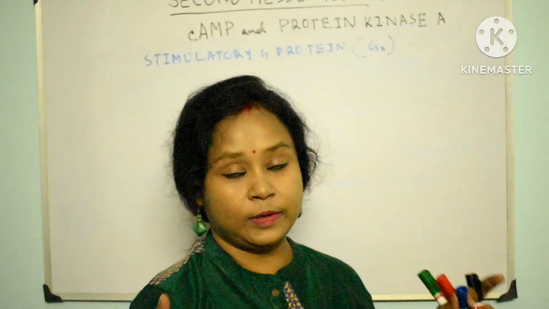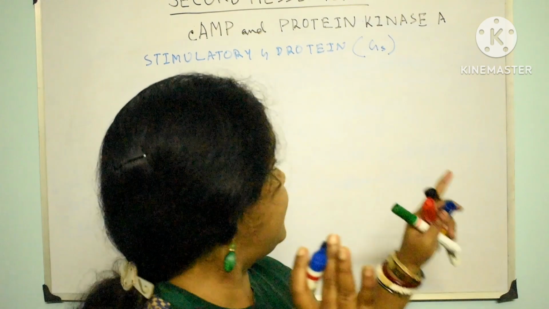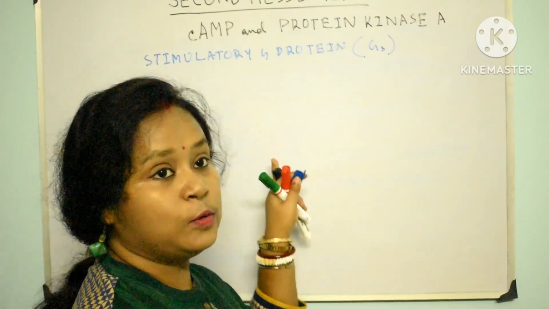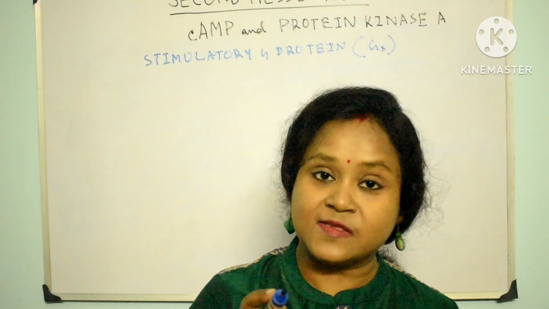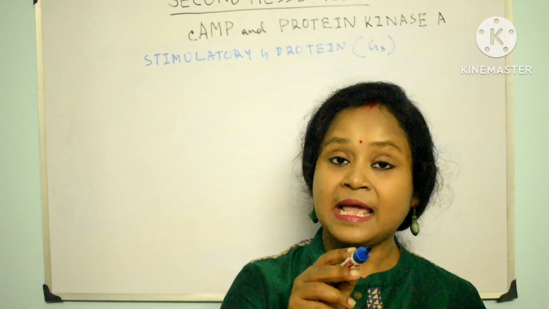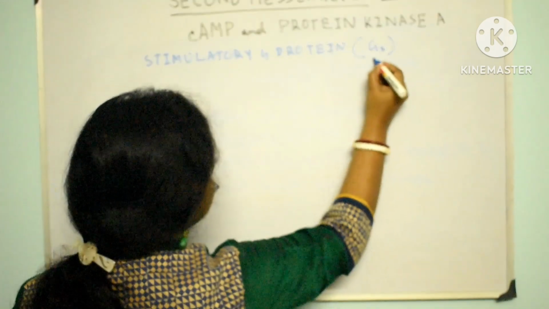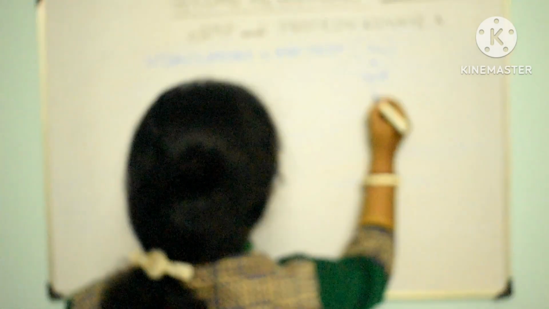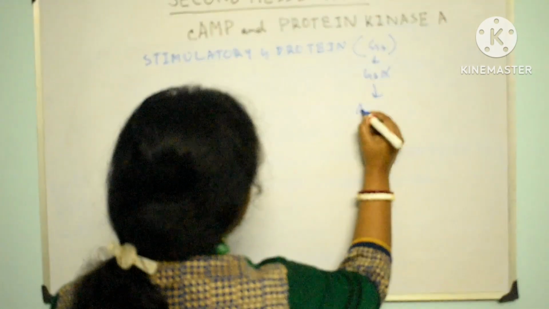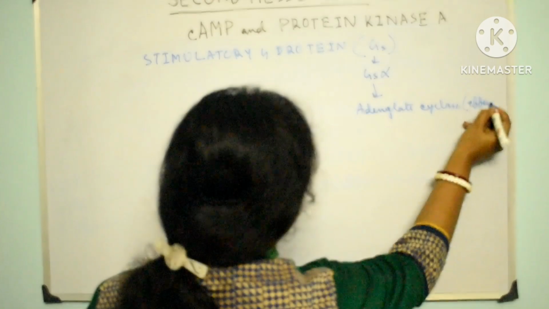When a G protein is involved in enzyme activation, it is known as a stimulatory G protein, Gs. In the case of Gs, the alpha subunit, Gs alpha, activates its effector; adenylate cyclase is an effector.